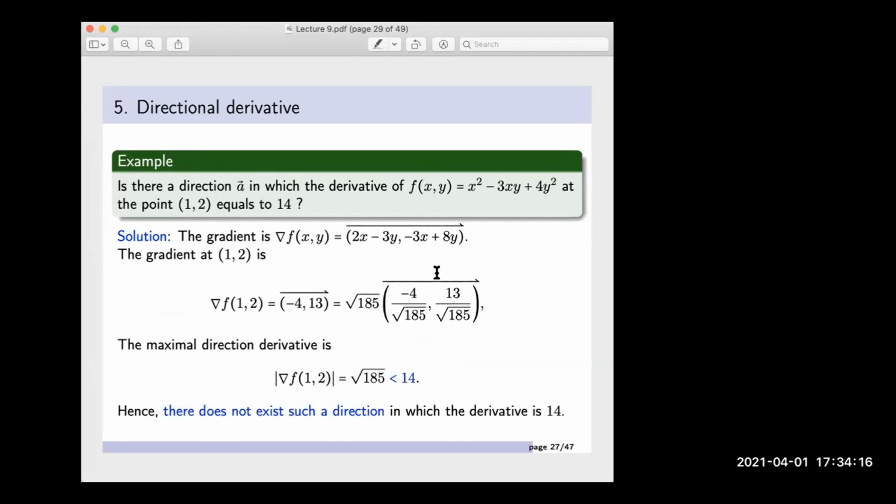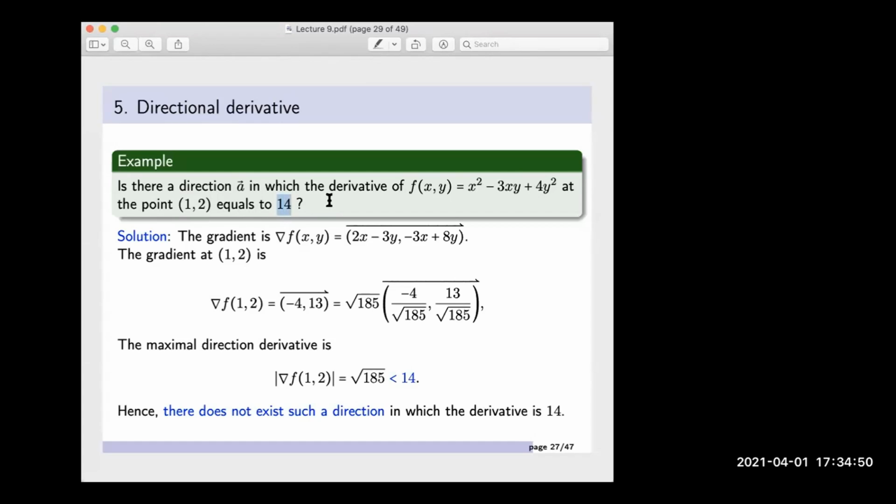This is another example related to directional derivative. The question is: is there a direction in which the derivative equals the given number?